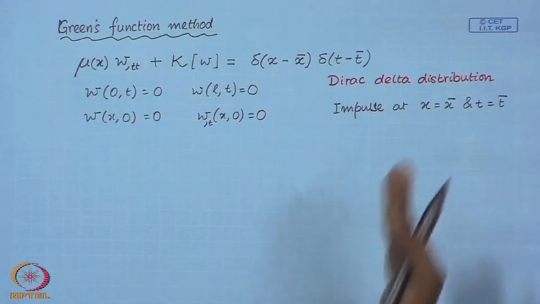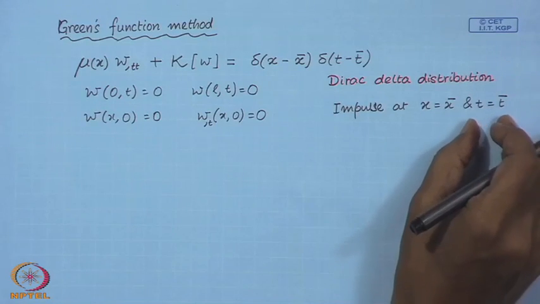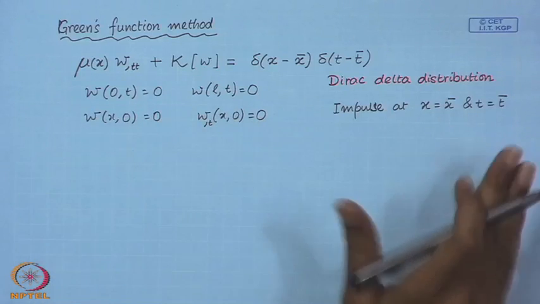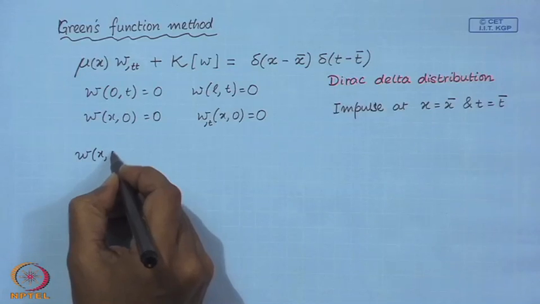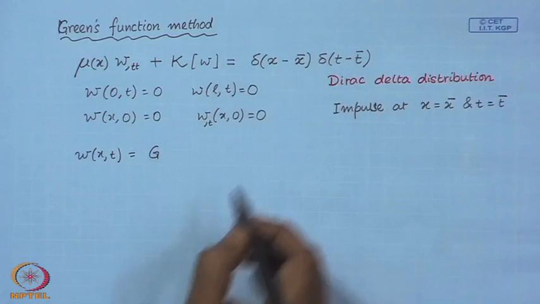So, we give an impulsive loading at the location x equal to x bar on the system at time t equal to t bar, and we are going to look at the solution of the system to such a loading.